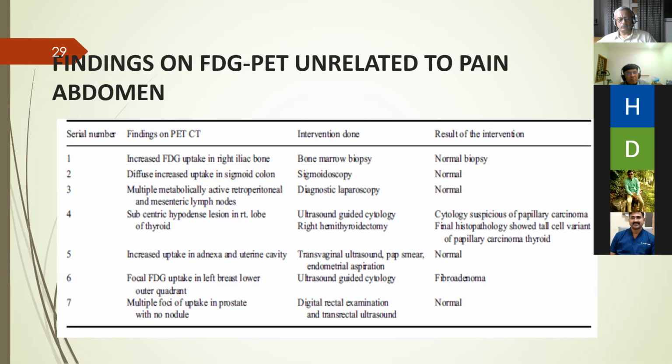Subcentric hyperdense lesions in the right lobe of the thyroid, ultrasound guided cytology and right hemithyroidectomy showed a suspicious papillary carcinoma. Increased uptake in the adnexa of the uterine cavity, transvaginal ultrasound and pap smear were done, and the results were normal. Focal FDG uptake in the left breast, lower outer quadrant, ultrasound guided cytology showed a fibroadenoma. Multiple foci of uptake in the prostate with no nodules, digital rectal examination and rectal ultrasound showed normal.